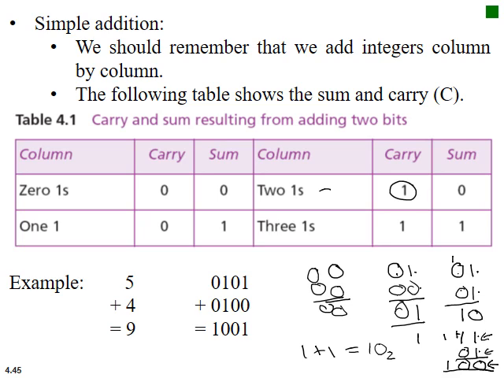So if we have 5 plus 4, if we convert 5 and 4 to binary, we know that's the binary representation: 101 for 5 and 100 for 4. We assume using 4 bits.